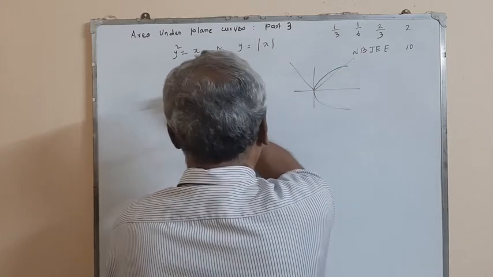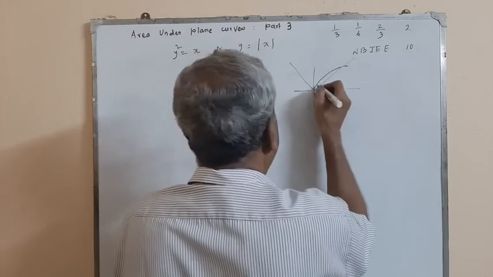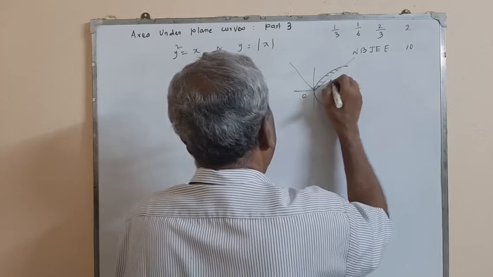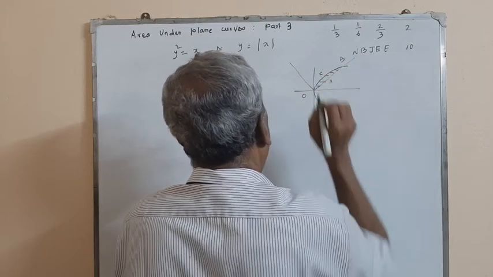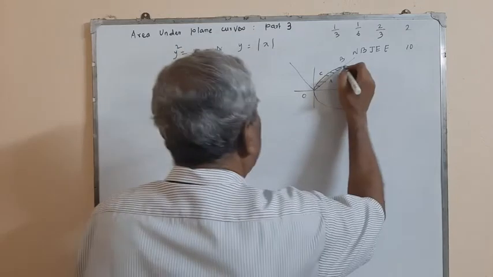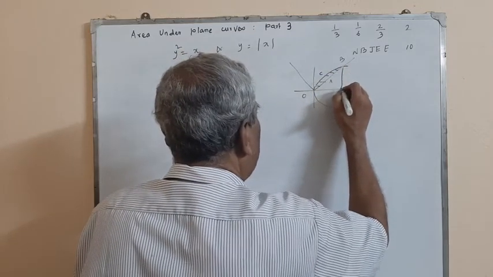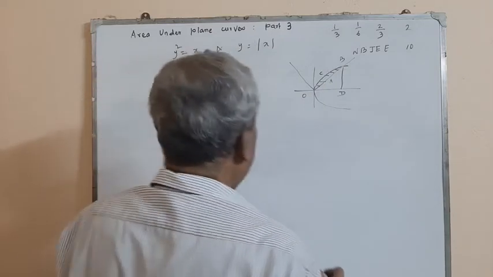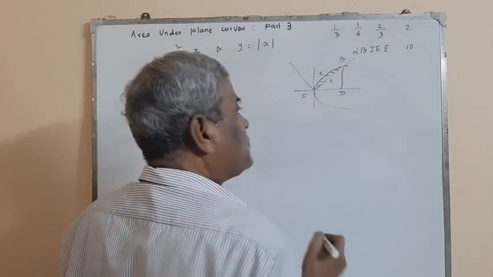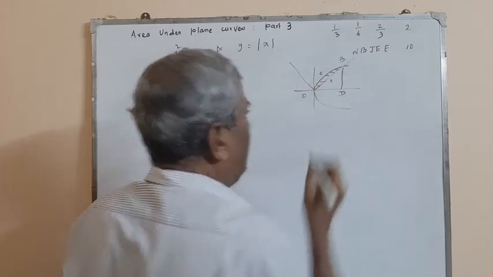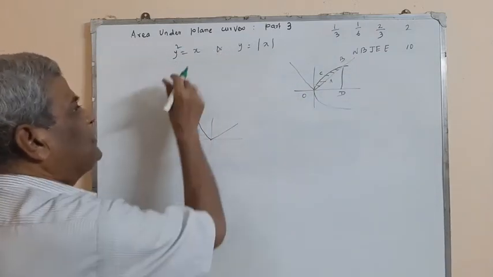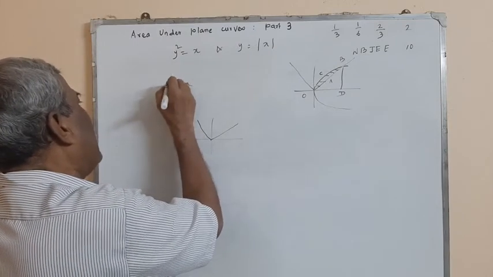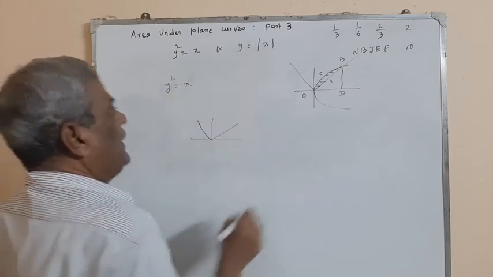So region bounded by this and that is this: O, A, B, C, O. From there, we have to draw one perpendicular, let it be D. First of all, we have to find the x coordinate of the point B. It is the point of intersection of this and that. Y square is equal to x and y is equal to mod x.